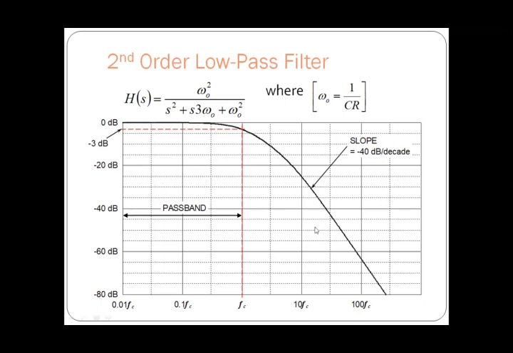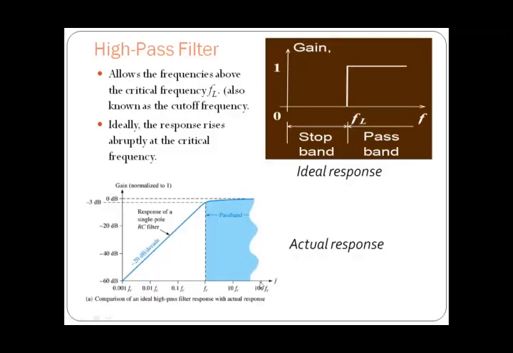If we consider number of RC networks, then this line will be coming nearer to this FC. So then we can say that the practical response is approximately equal to the ideal response of the filter. For that reason, we are going to consider higher order filters. So that is about the low pass filter. And now we are going to see the response of high pass filter.